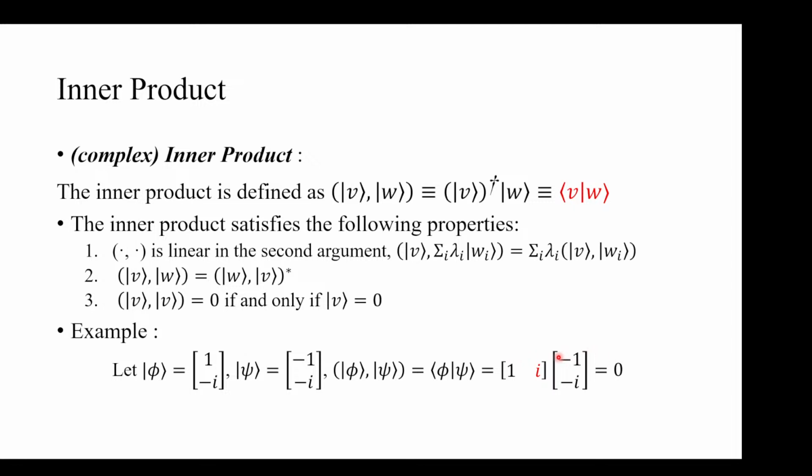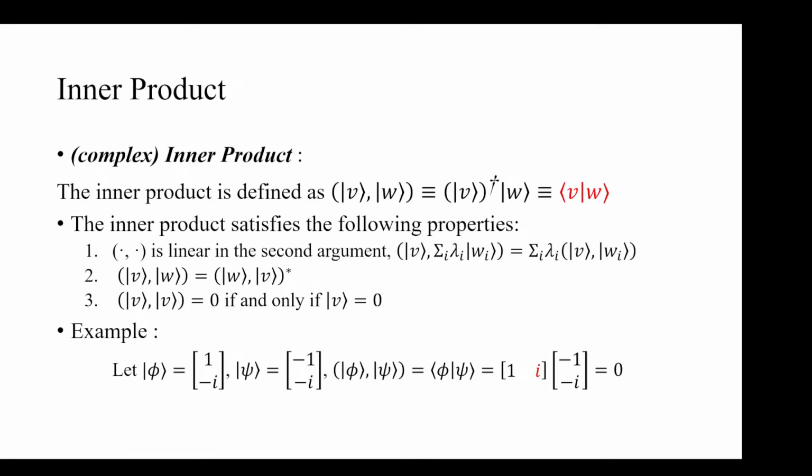When you do the calculation, you see that it's minus 1 and plus 1, and so it becomes 0. Okay, so this is the complex inner product. It's a little different because the first vector you need to take the complex conjugation of its coefficients.